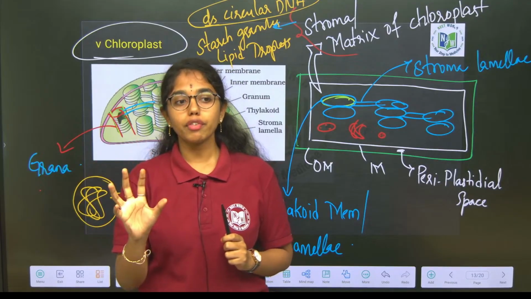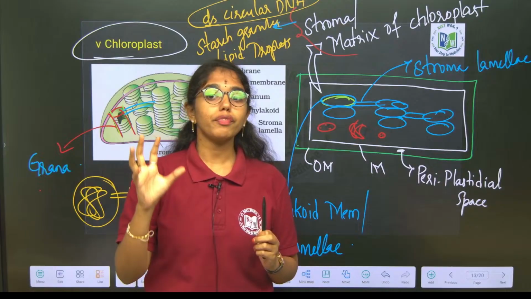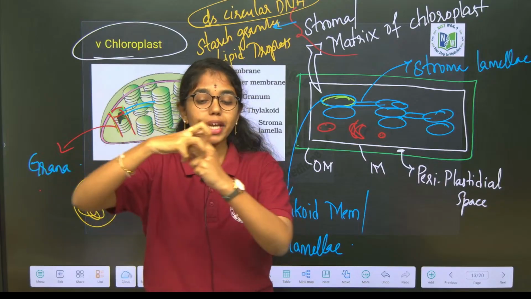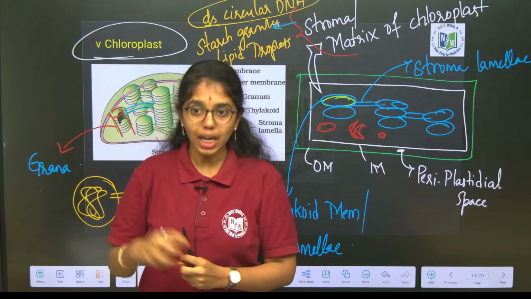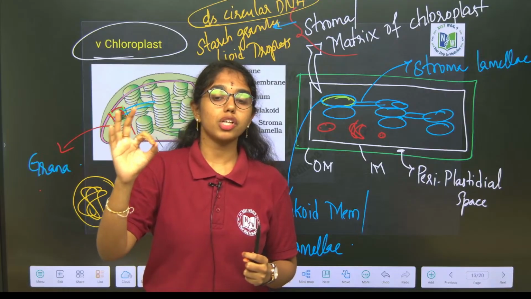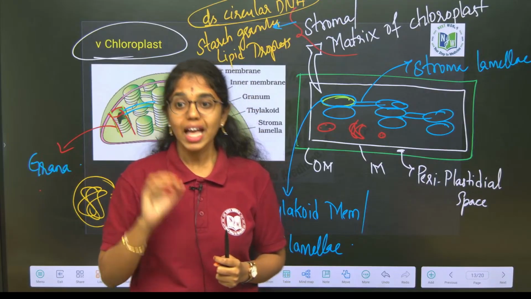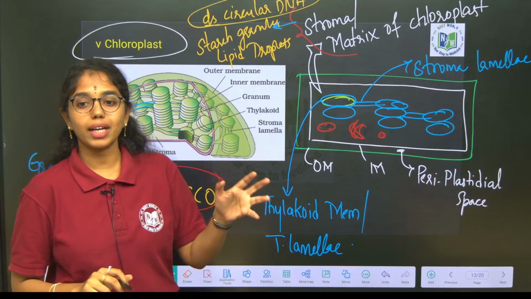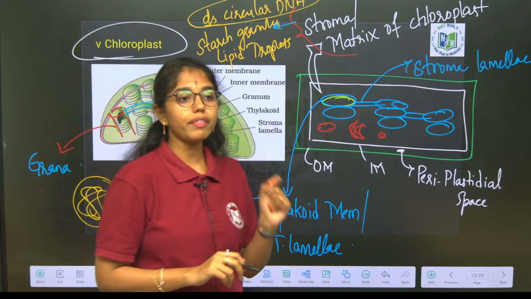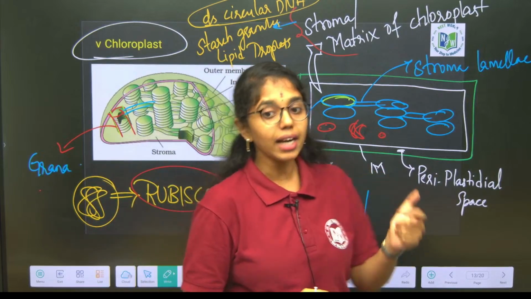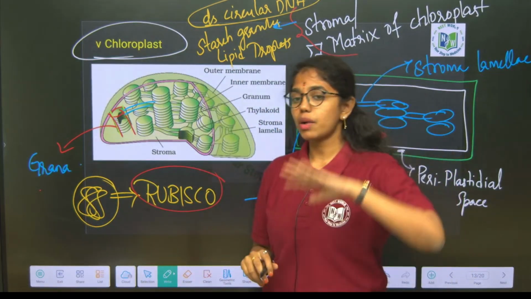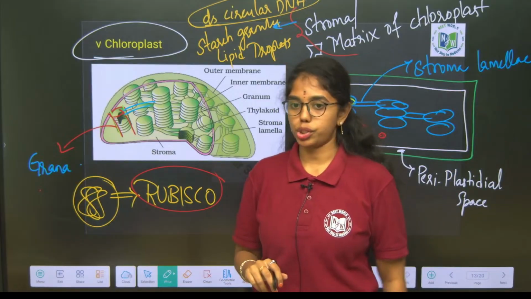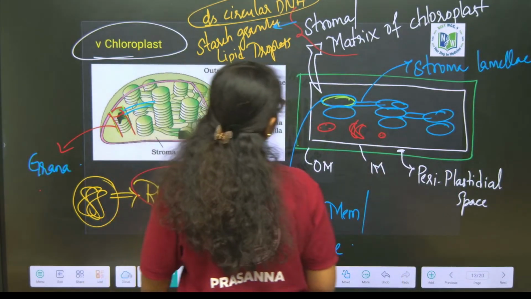In due course of evolution, due to the process of endocytosis, they have entered into the eukaryotic cell and they have become part and parcel of the eukaryotic cell. That is clearly explained under the concept of endosymbiotic theory. So, with the evidence of endosymbiotic theory, we can say that mitochondria and chloroplast were once upon a time prokaryotic ancestors. Take down that also.